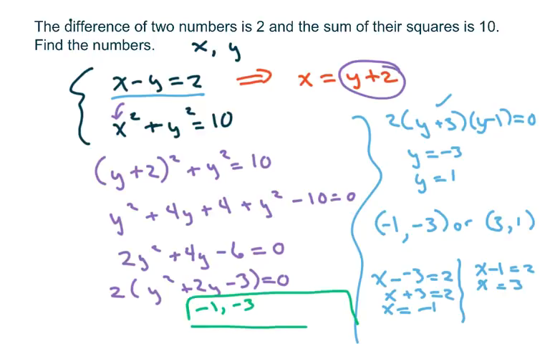You plug negative 1 and negative 3 in, so this would be your x, this would be your y, or your two numbers would be 3 and 1. It just depends on how you want to word it, because this is a solution. But if they just want to know the numbers, then these would be your numbers. This would be your x and y.